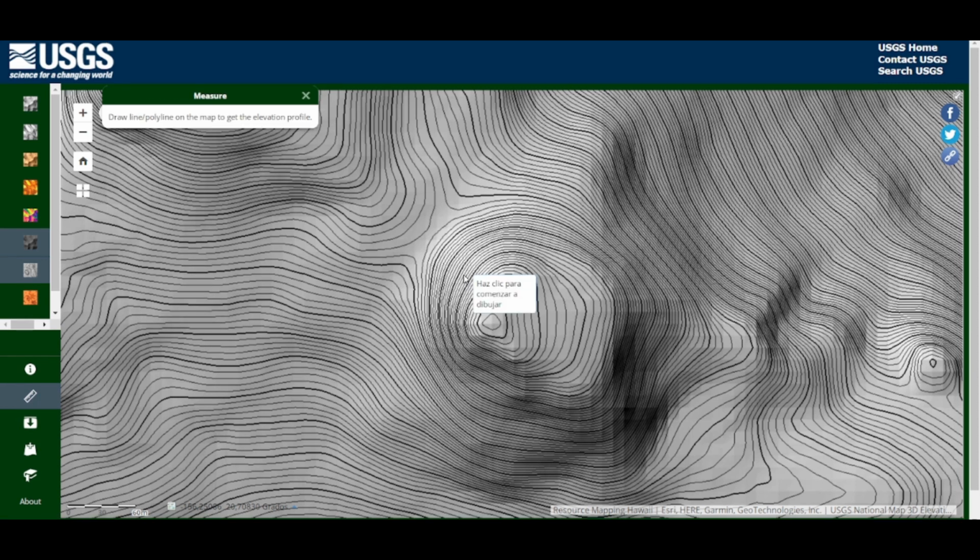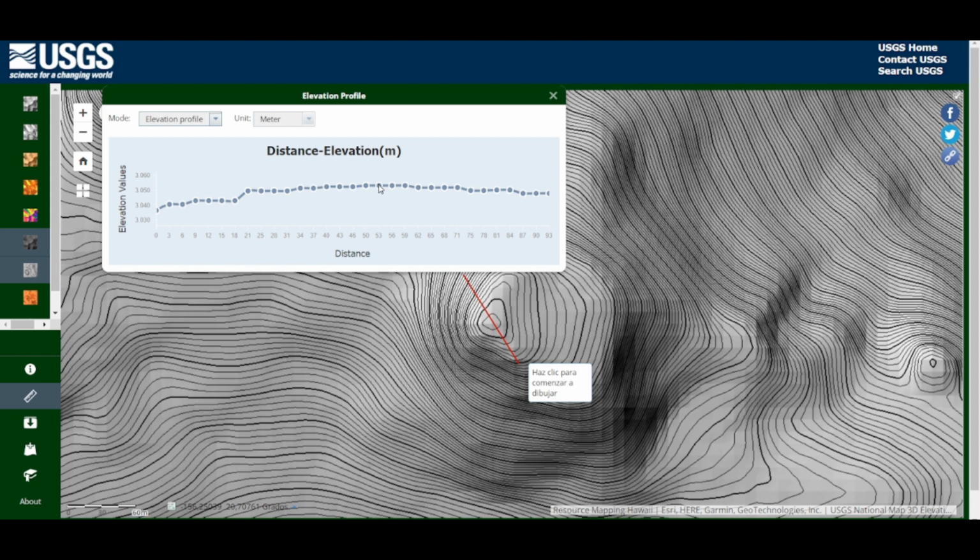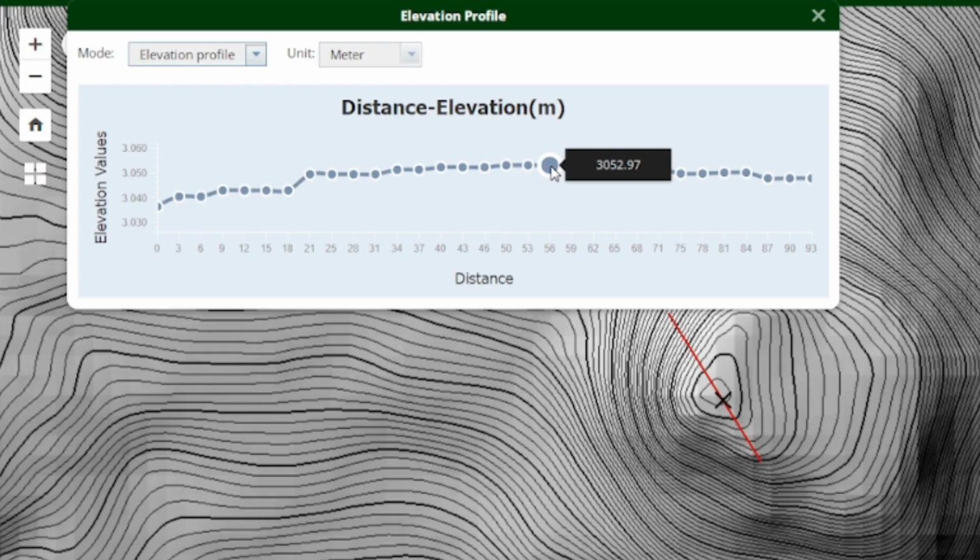Even the USGS digital elevation model offers a slightly higher value of 3,052.97 meters, but we will use the official data rounded to 3,052.9 meters.